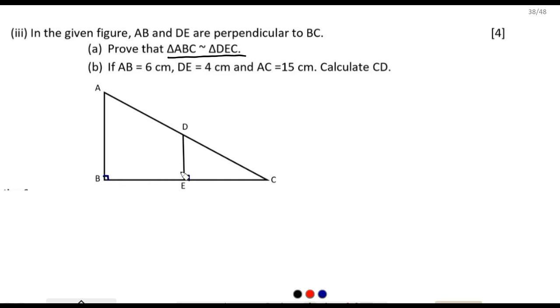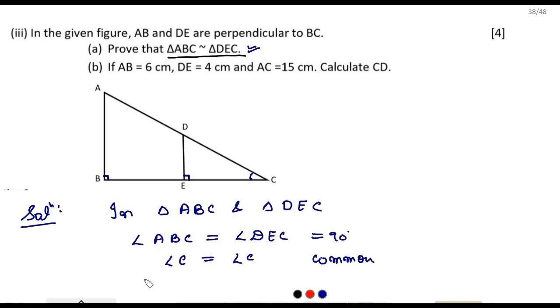One angle in both triangle is equal and angle C is common between these two triangles. When two angles are equal, it means these triangles are similar triangles. Therefore, triangle ABC is similar to triangle DEC.